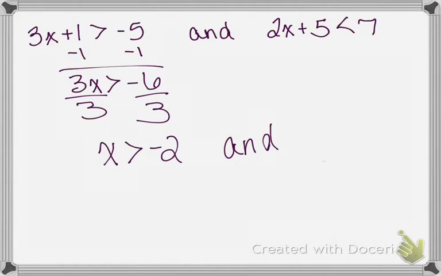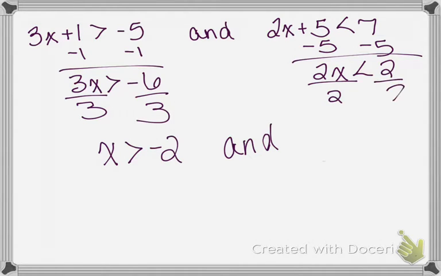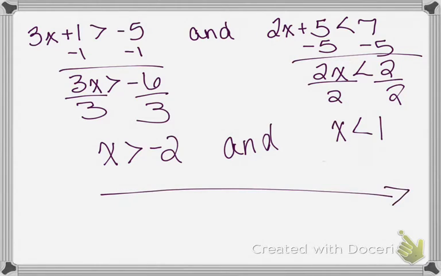And I subtract 5 from both sides. Okay. Did you get x is less than 1? Good. So if I were to graph this, and the graph always helps us write it in interval notation, I'm going to do x is greater than -2.